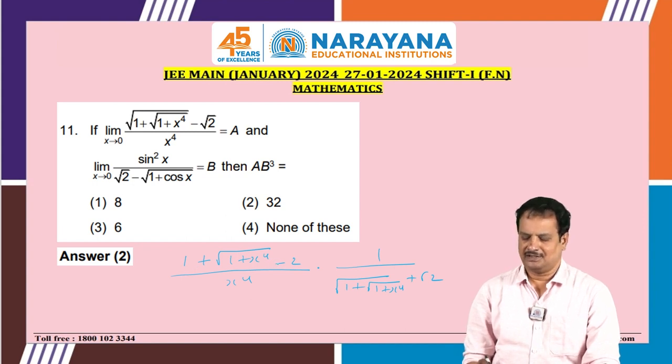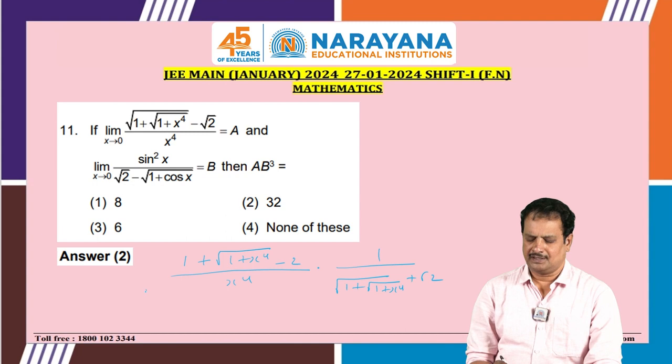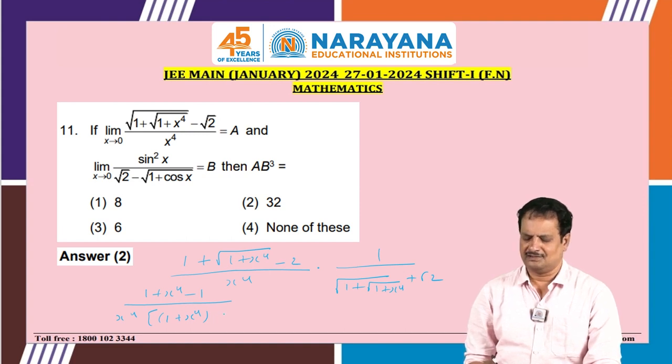But again, if you rationalize this one, you are going to get 1 plus x power 4 minus 1 by x power 4 into 1 plus x power 4. The remaining terms are root over 1 plus x power 4 minus 1. So you'll be getting this value as plus 1, of course.